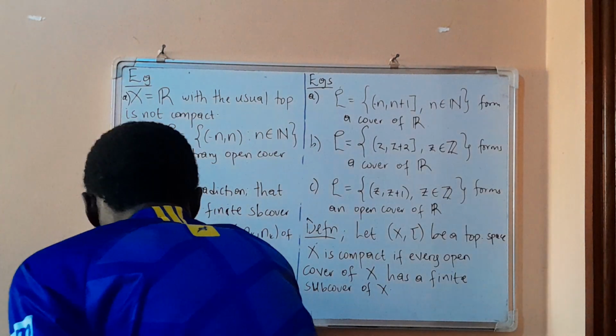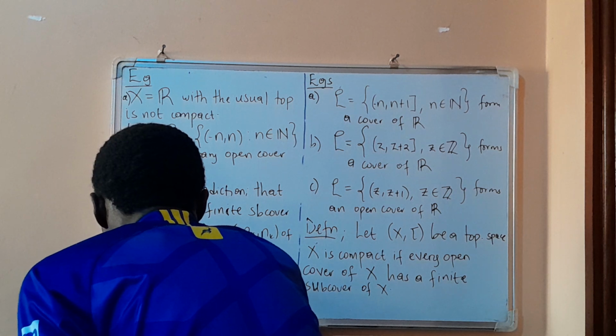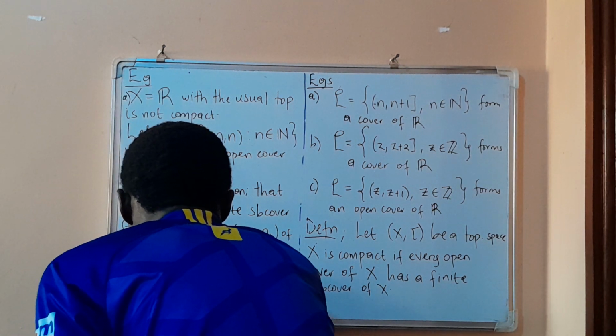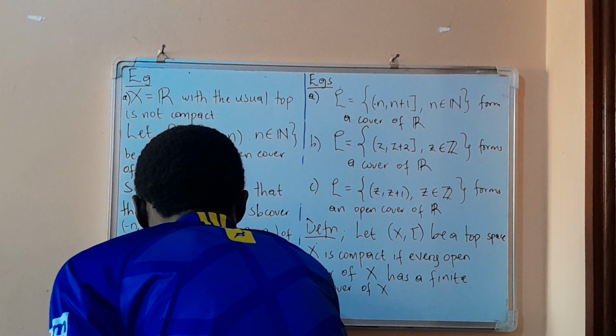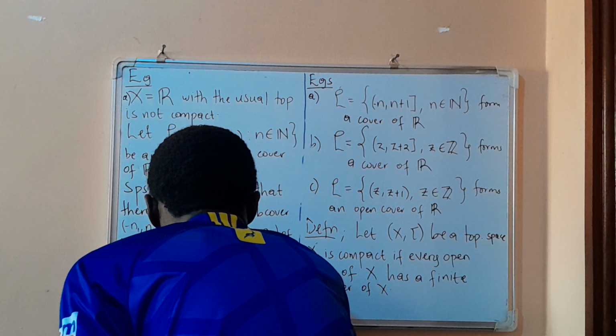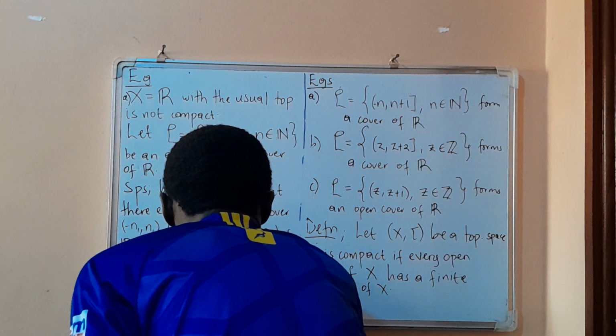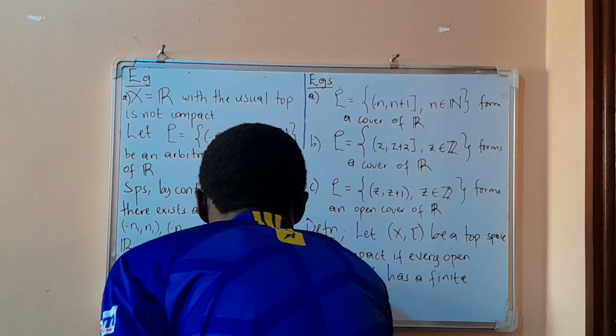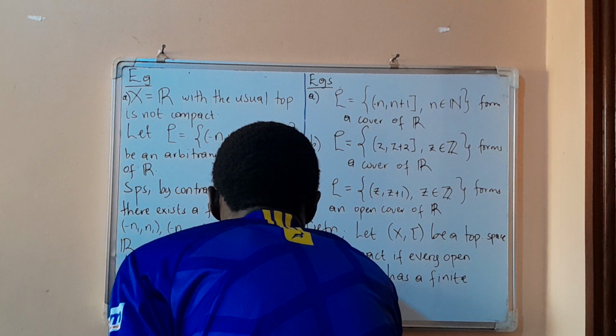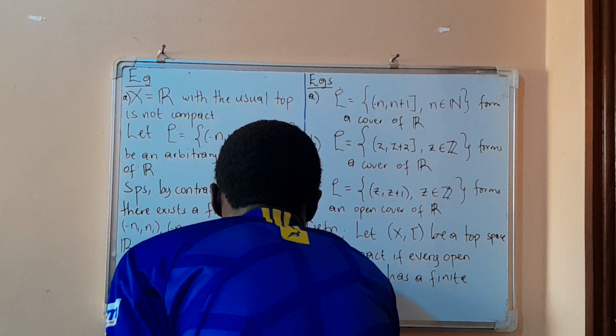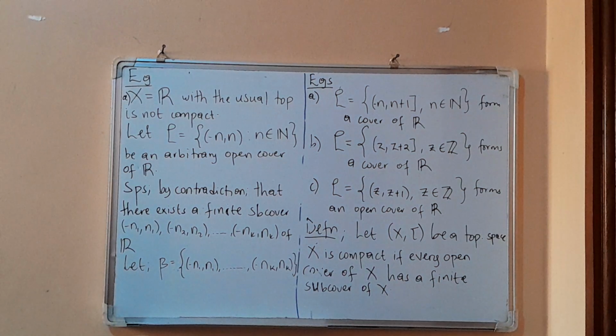Maybe I can call this collection beta. Let beta represent this collection, N1 up to Nk. I want to compute the union of those sets.